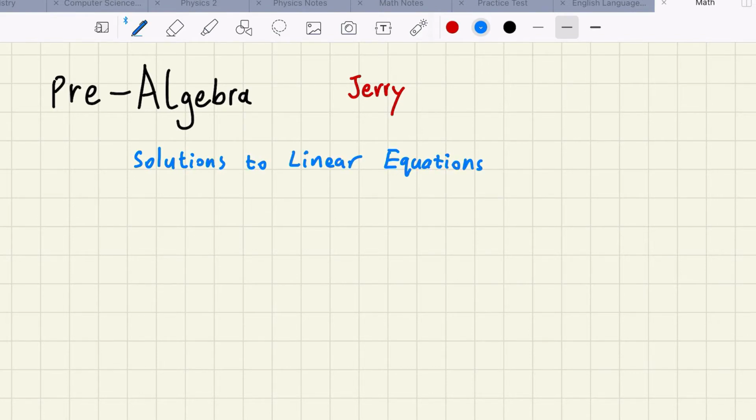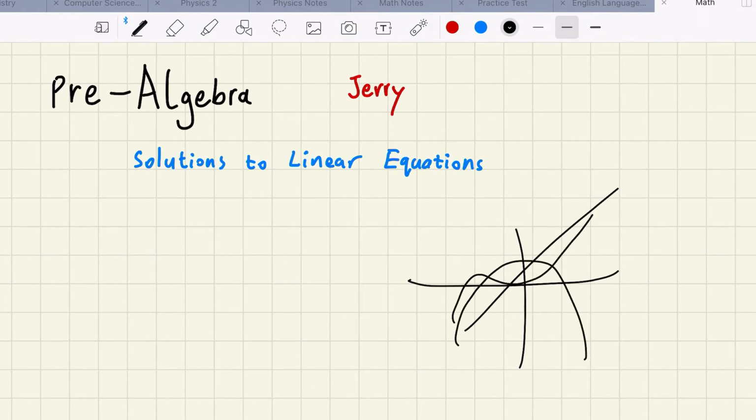So today I'm going to be teaching pre-algebra and something called solutions to linear equations. So a solution to an equation first is, let's say this is a graph. A solution would be any point on that graph, and it can be any function.